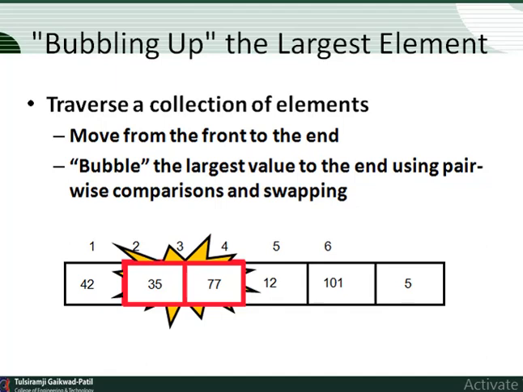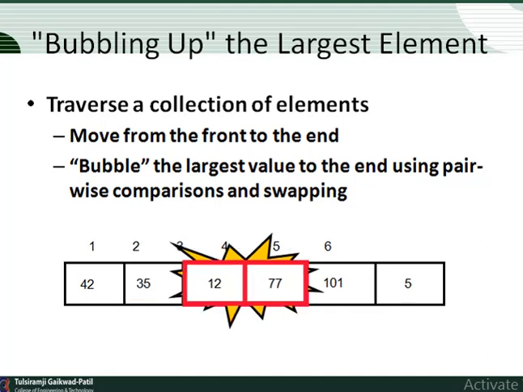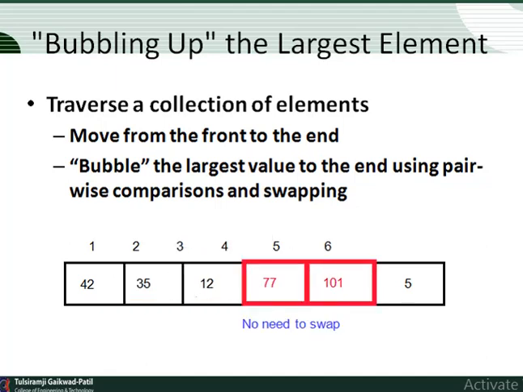Then 35 and 77, then 12 and 77, then 77 and 101. No need to swap, because 77 is less than 101.